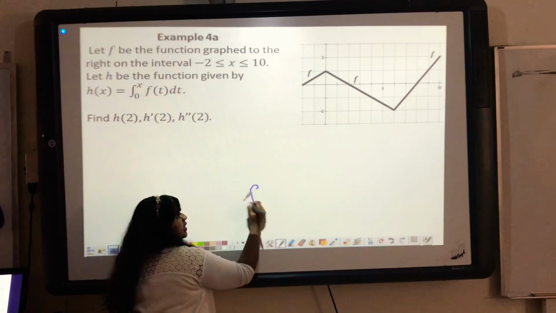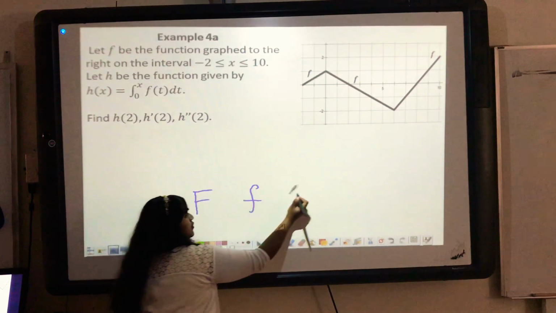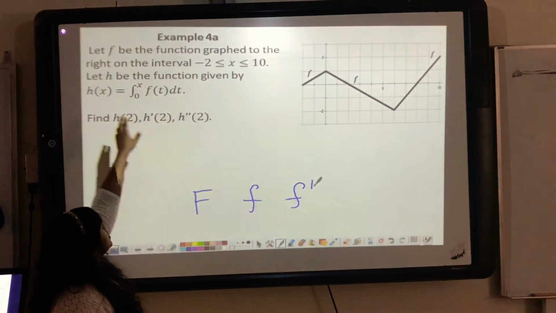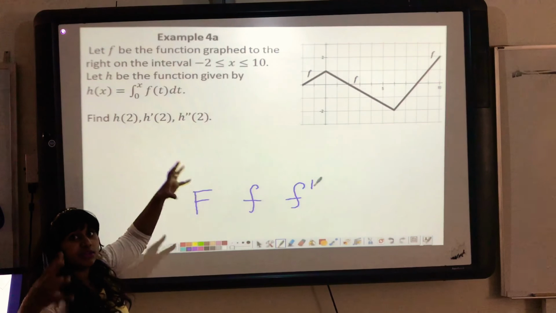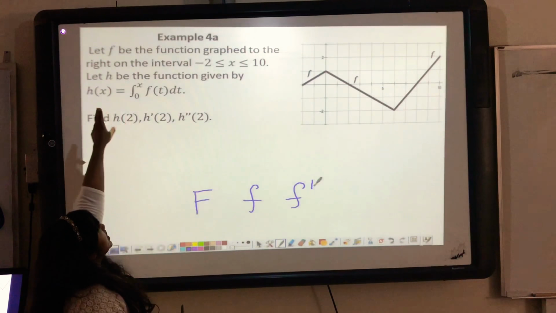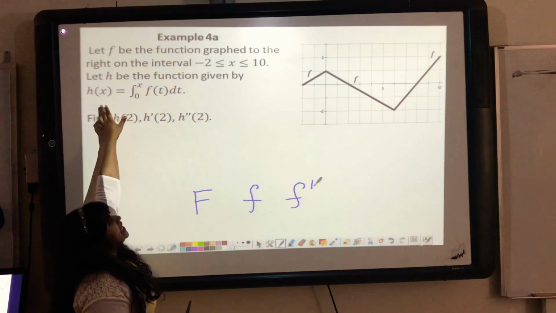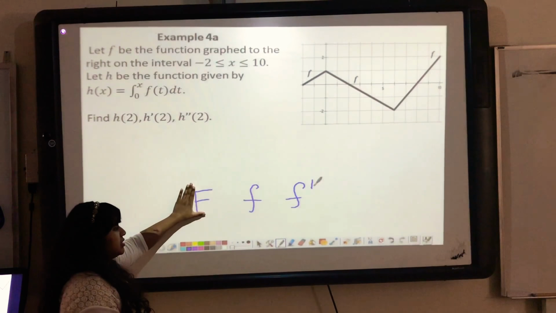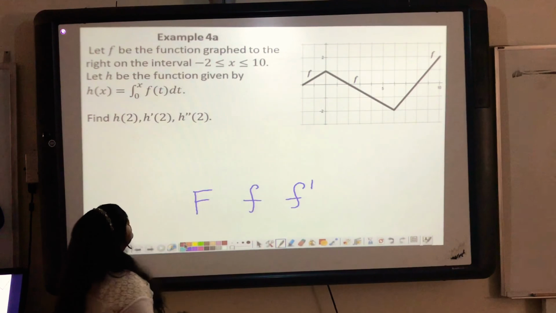Let's go back to this. F, big F, and f prime. Okay, so if we have to think in these terms, I realize that still says f, and that might confuse us, but if some function's integral is h of x, so that means this is my h of x, right?